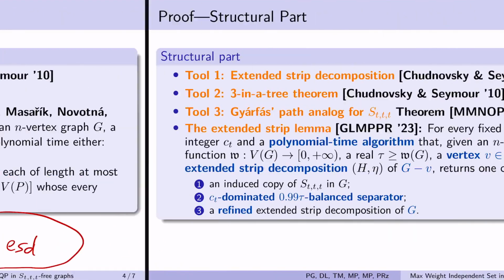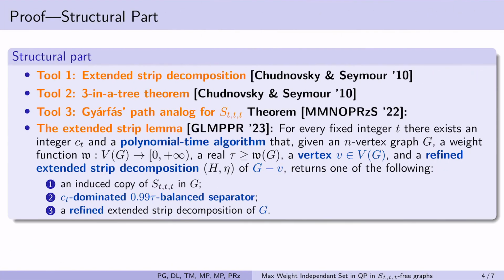That's what we built in this paper, and we showed a lemma that we can in polynomial time take an extended strip decomposition which was refined, so all those parts were small, and add one more vertex to that. So this was an extended strip decomposition of G minus v, and we are trying to add v, and our lemma says that we get three possible outcomes.